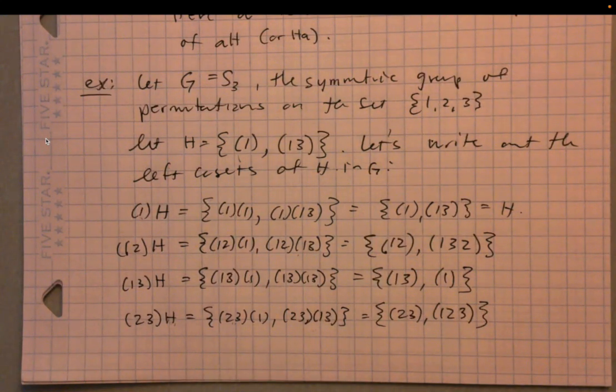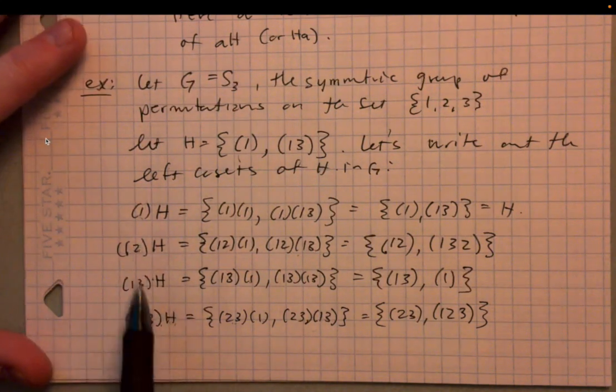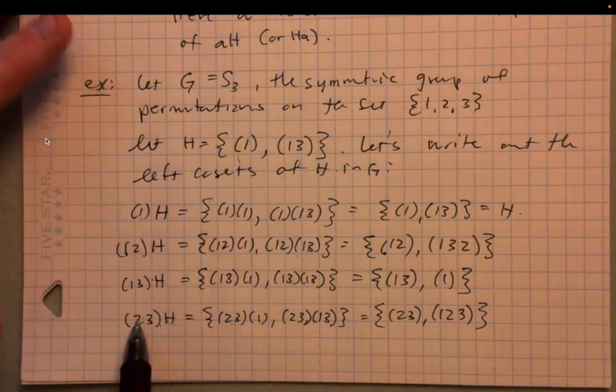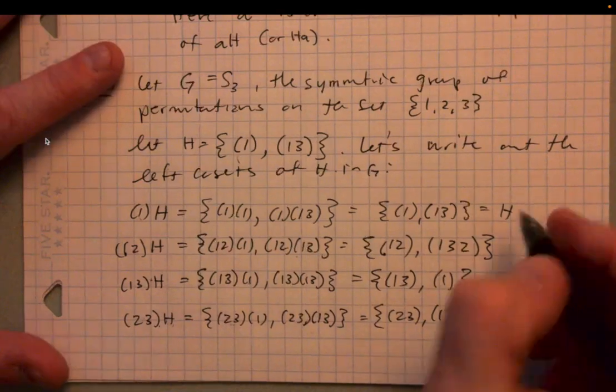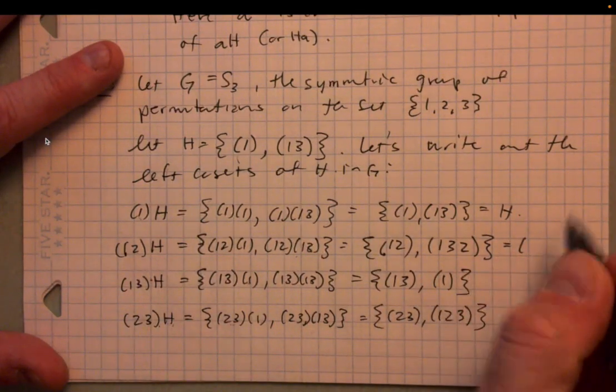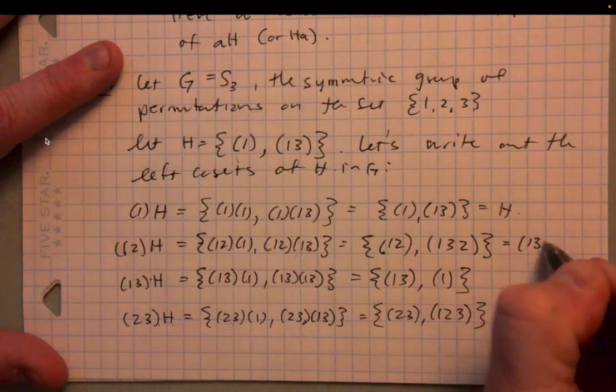Okay. Now it turns out that for these three, if we were to continue and exhaust all of the elements of G, you'd find that there were exactly 3 more, right? And it turns out that with this one, another element that we haven't looked at yet is 1, 3, 2.